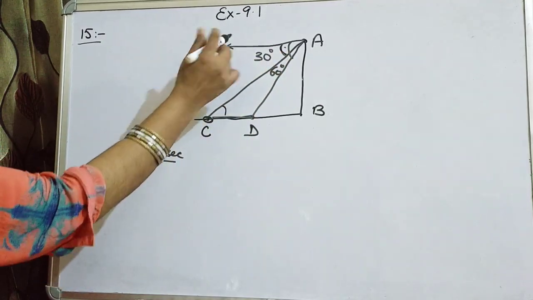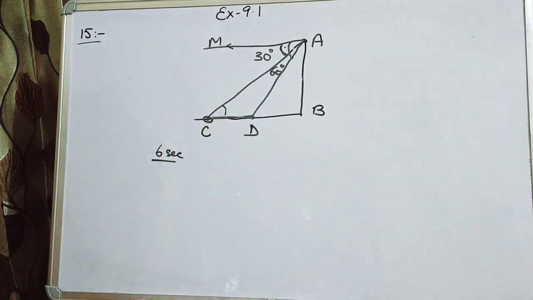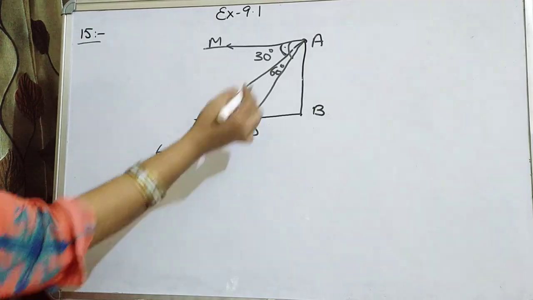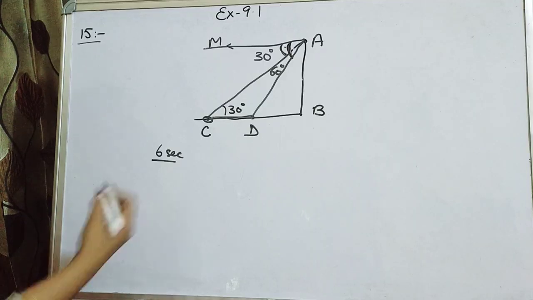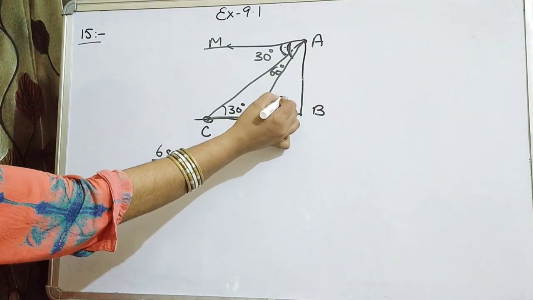If this is M, then MAC is equal to ACD by the alternate angle property, so this must be 30. In the same way, if this is 60 degrees, MAD, so ADB is also 60 degrees.